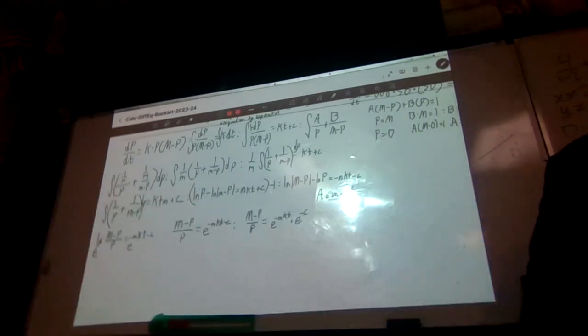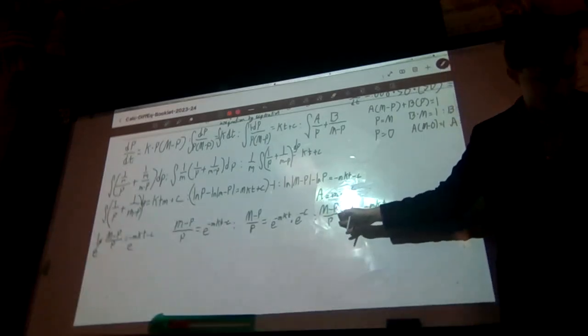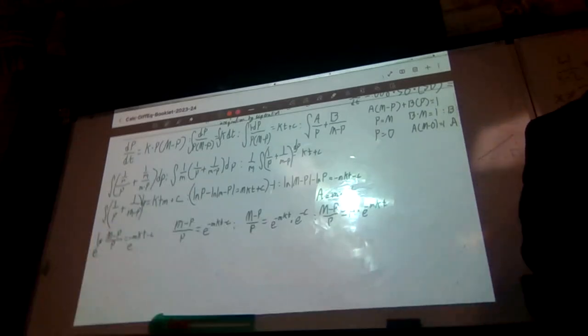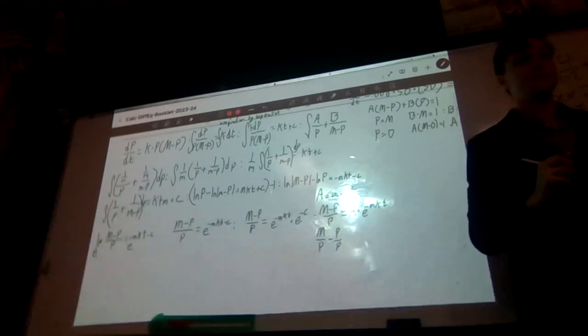So we get m minus p over p is equal to a times e to the negative mkt. Then I'm going to go ahead and separate these two right here into two fractions. I get m over p minus p over p. And what does p over p become?